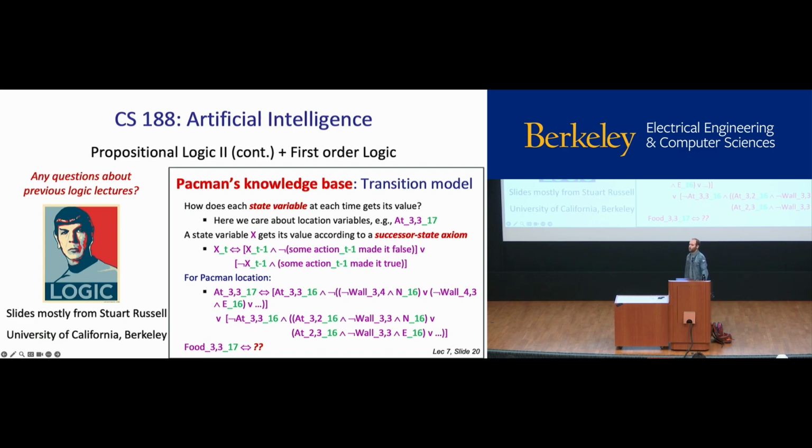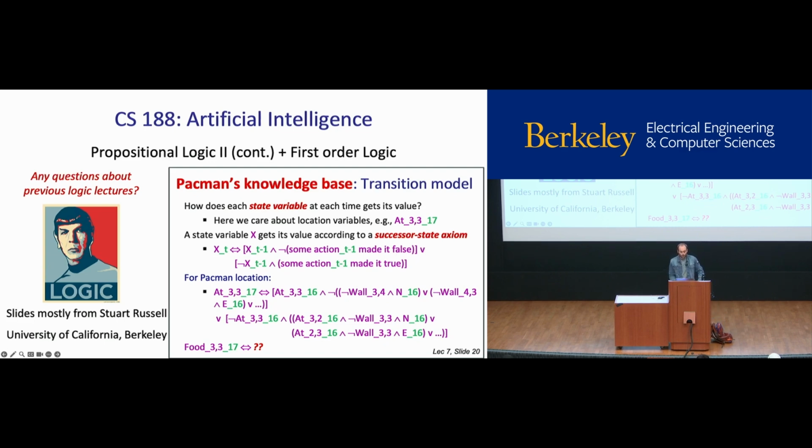So recall one of the uses we were thinking about for logic was coming up with a Pacman agent that can plan its way to a goal or figure out various facts about where it is and what's going on. To do that, we have this tool, the language of propositional logic, and we have some world, Pacman.